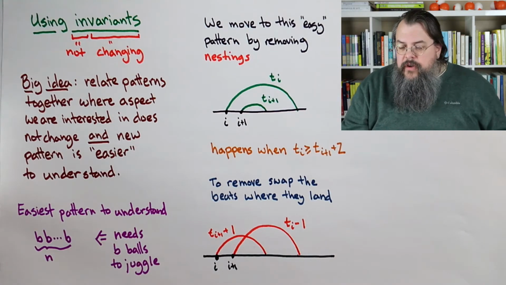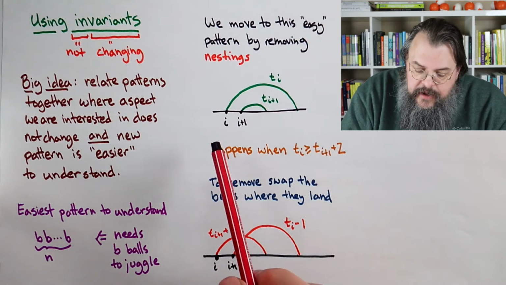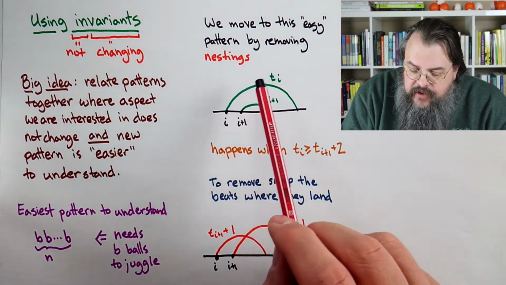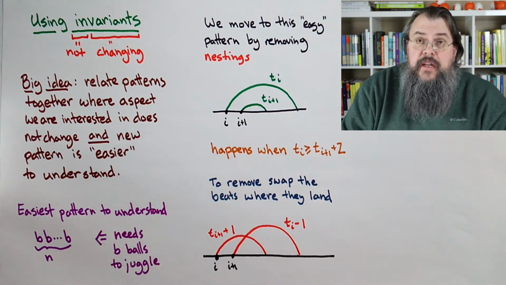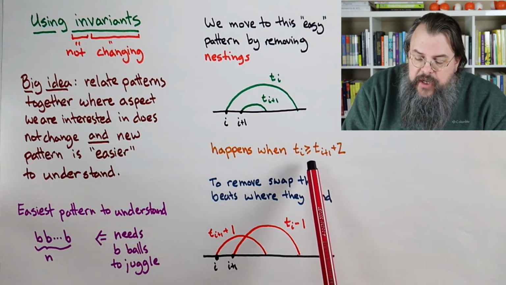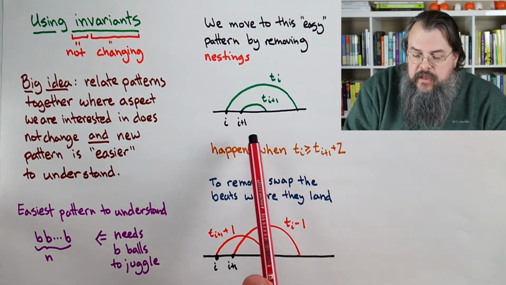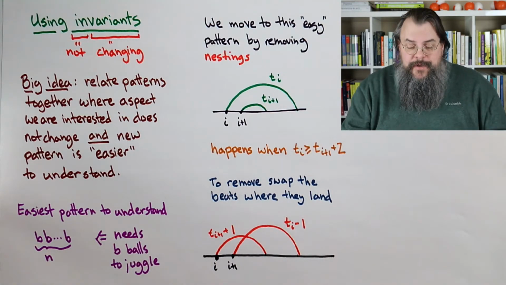All right, so what can happen? Well, one thing that's true is if you think about it, we need to have the first throw be so large that the throw at the i-th beat is bigger than or equal to the throw at i plus 1, plus a little more. Now, you might say, where's the plus 2 coming from?